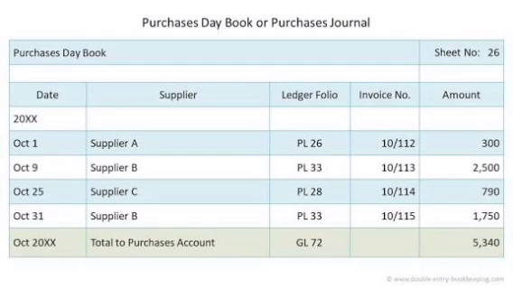Now, in that case where you have purchased some goods from a supplier and you did not pay cash at the point of purchase, those purchases you made were done on what? Credits. Those credit purchases are recorded in your purchase day book. This is where you record your credit purchases.